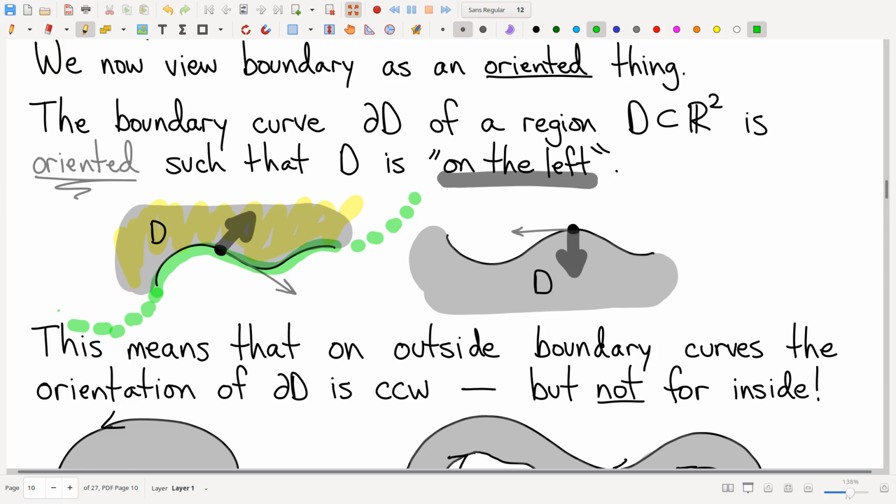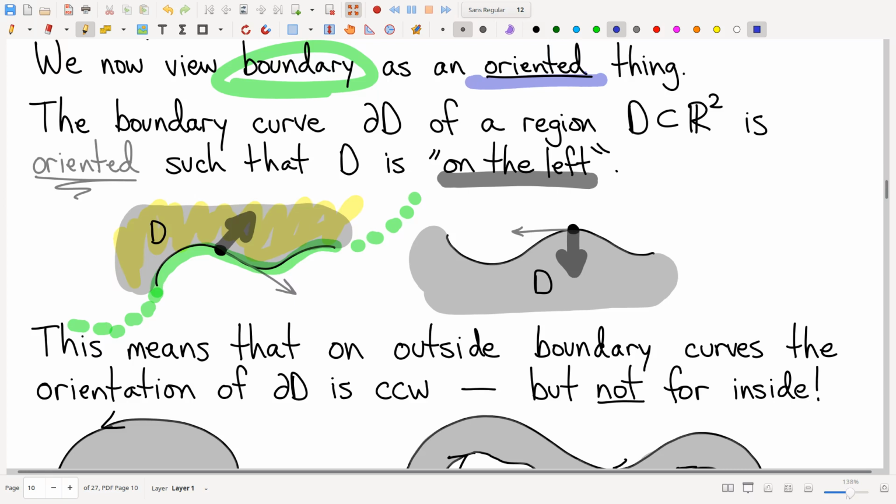But keep in mind that boundary is now an oriented thing, so I've got to describe what I mean by the orientation. Which direction along this boundary does the orientation point? Does the orientation go like this, or does the orientation go like this? What's the right way to move along this boundary?